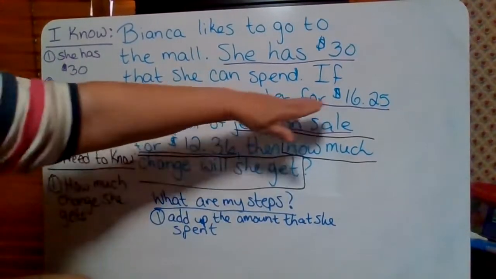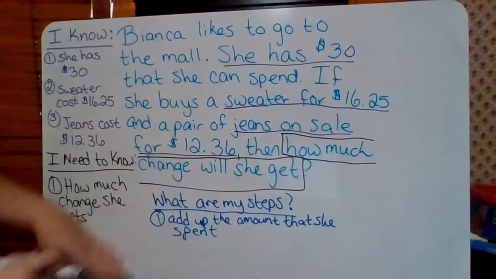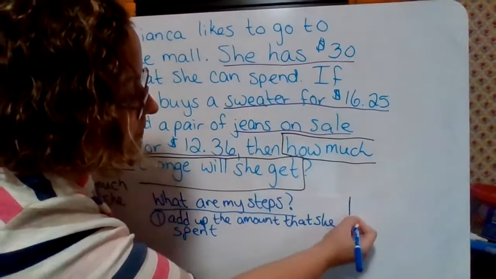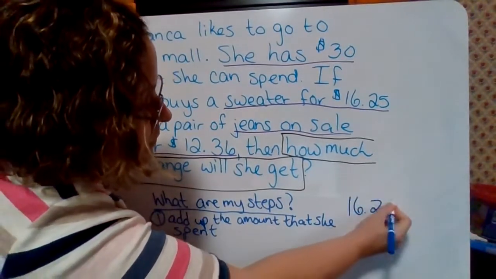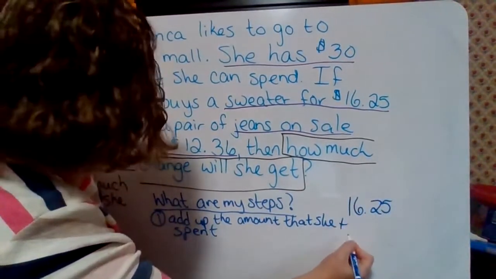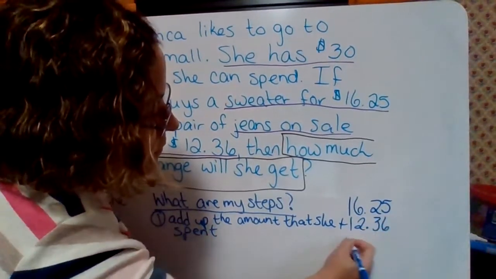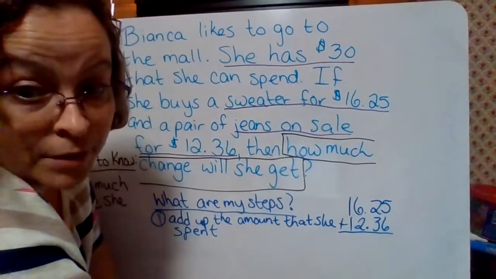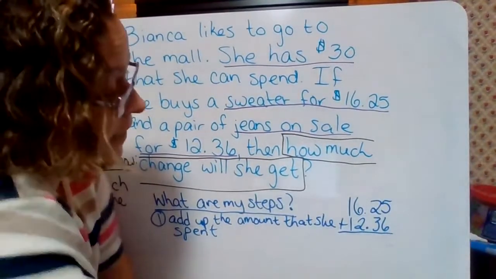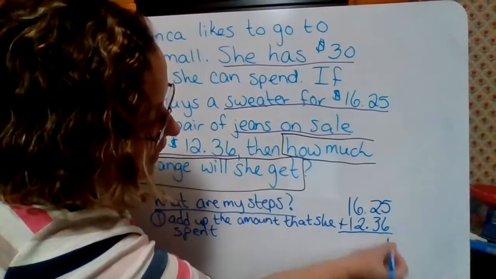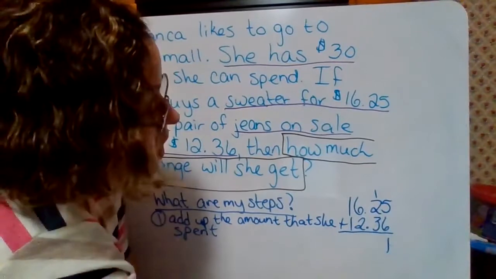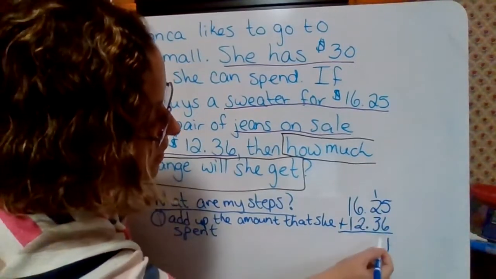So I'm going to add up the $16.25 and the $12.36. Remember to line up your decimals. Okay, that's how much she spent. So 5 and 6 is 11. Carry your 1. 2 and 3 is 5. Plus 1 is 6.